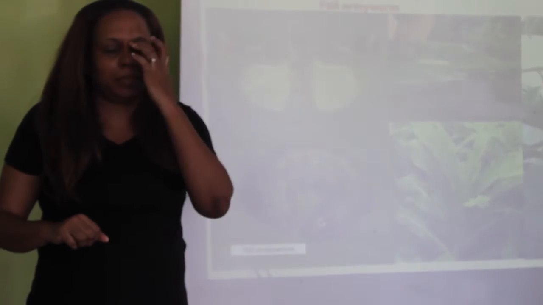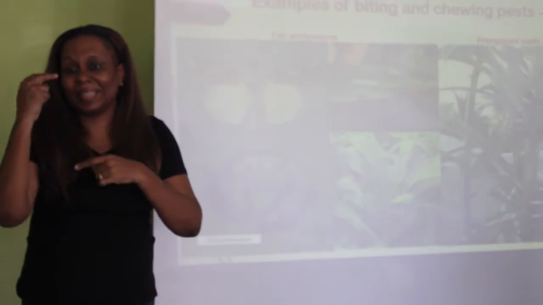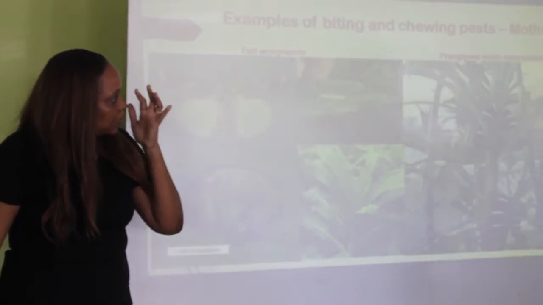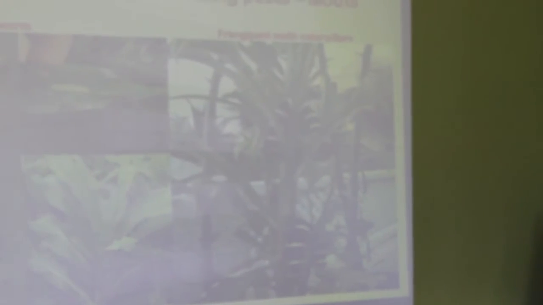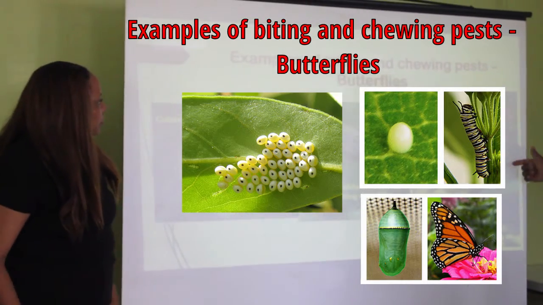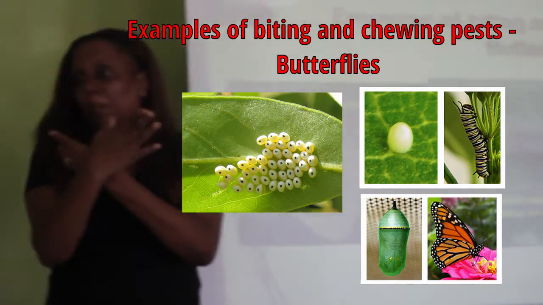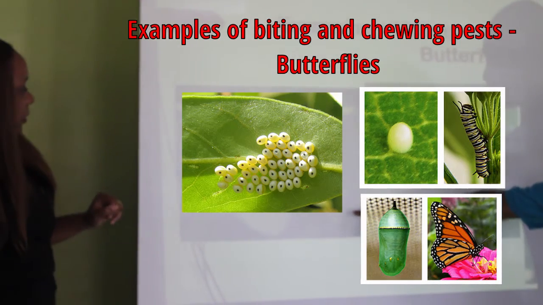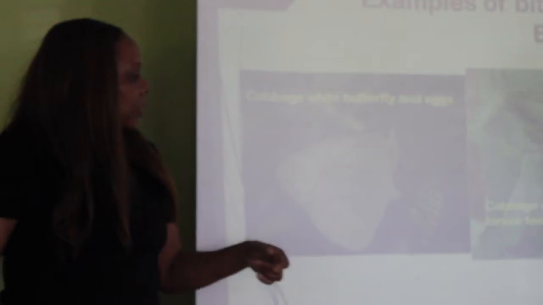Sorry, because of the light you can't see the picture as well. But you can also see over here you've got insect damage, but they are biting insects. Here you can see pictures of the butterfly and actually the worm. And for those who could pick up, these are the eggs of the butterfly.